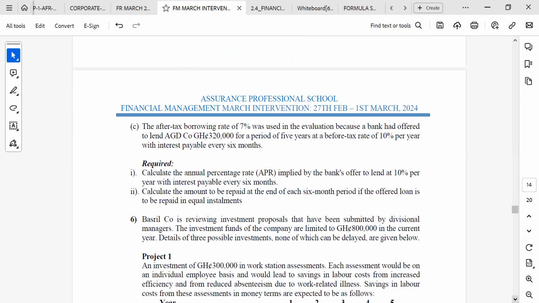Required: I, calculate the annual percentage rate implied by the bank's offer to lend at 10% per year with interest payable every 6 months. II, calculate the amount to be repaid at the end of each 6-month period if the offered loan is to be repaid in equal installments.